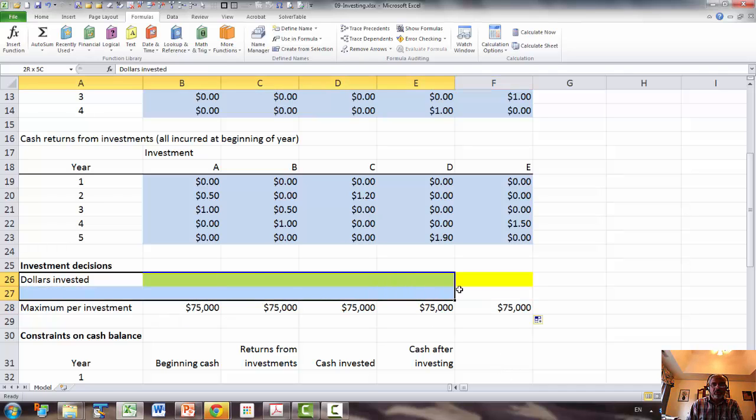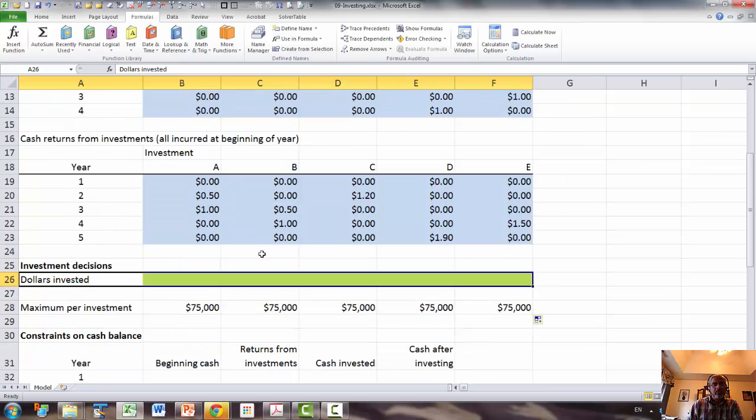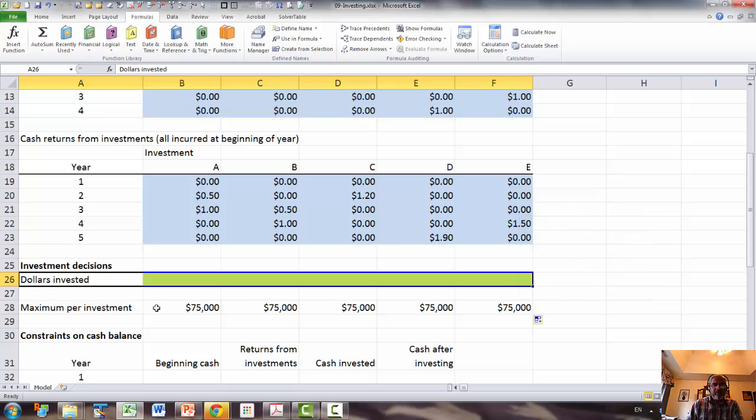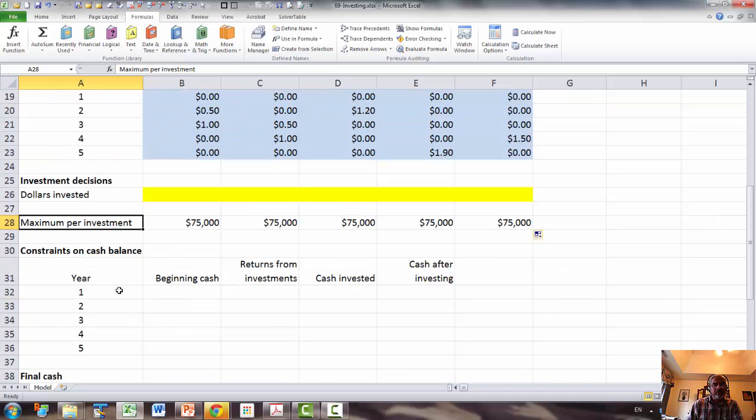Okay. So we have dollars invested. Let's give a name there. And we will not name this row because we are using the same label in 2 different places, and that will mix things up, so we will leave it as it is.